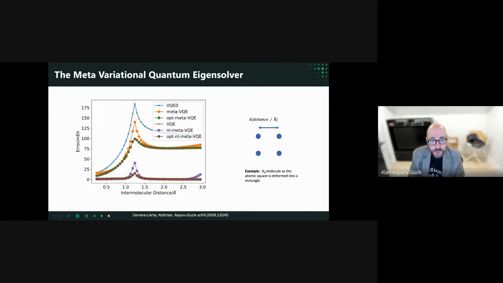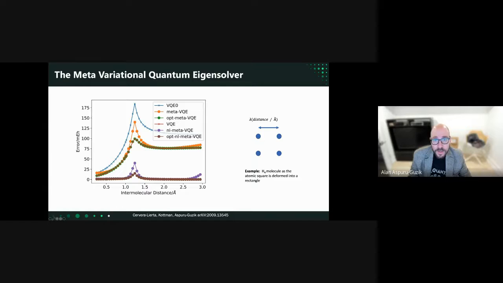And sometimes if you do that, for example with this optimized meta-VQE, this is the traditional hydrogen 4 molecule square, which gets harder when it's a true square before you start stretching it. You can see that when you do the optimized meta-VQE, kind of the best state of the art, you take advantage of that particular new variational freedom of the encoding layer to outperform and gain over the errors of traditional VQE or meta VQE.